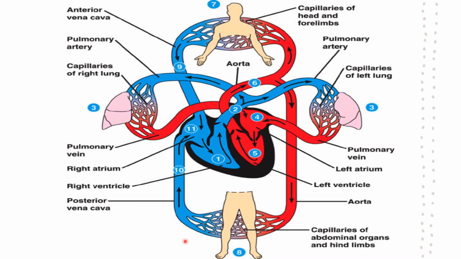Alright, so this diagram basically shows the blood flow in our whole body. When our left ventricle pumps out the blood through the aorta, it goes to the upper body and also the lower body. We can see that the red color shows that the blood is oxygen-rich blood, while the blue shows that the blood is oxygen-poor blood.